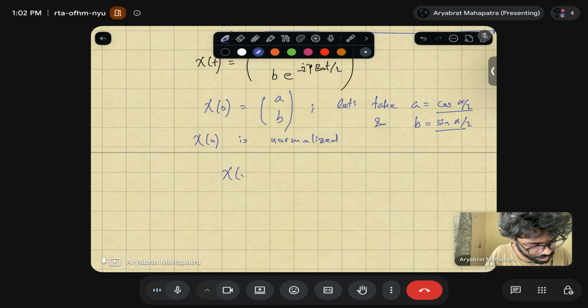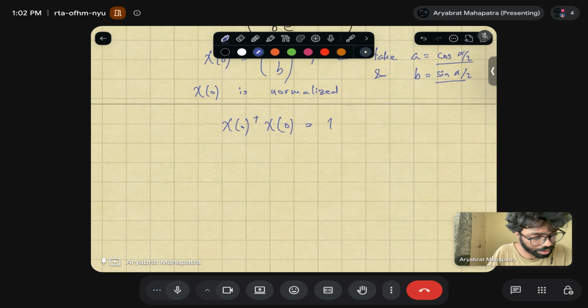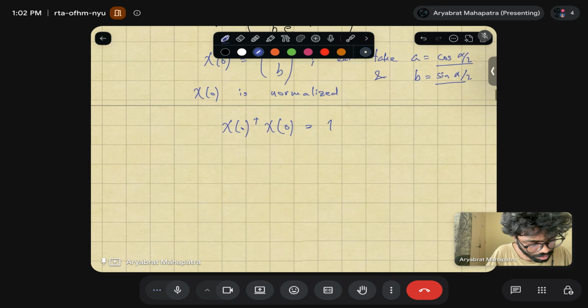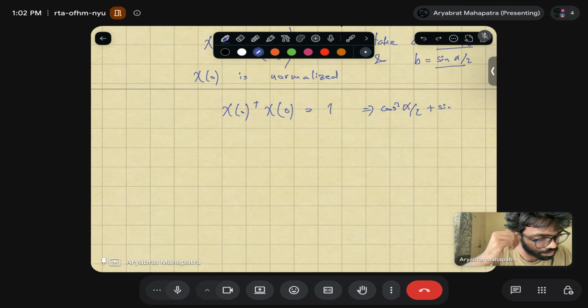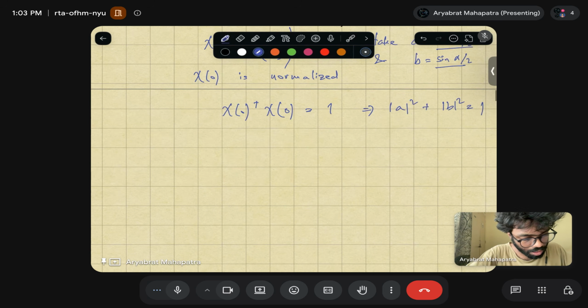So if I take chi 0 dagger chi 0, it will give me 1. Otherwise, a square plus b magnitude square is 1, right?